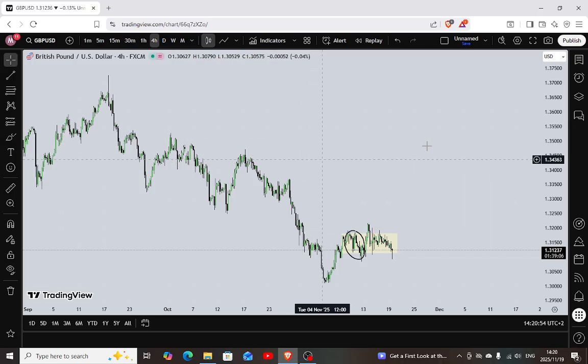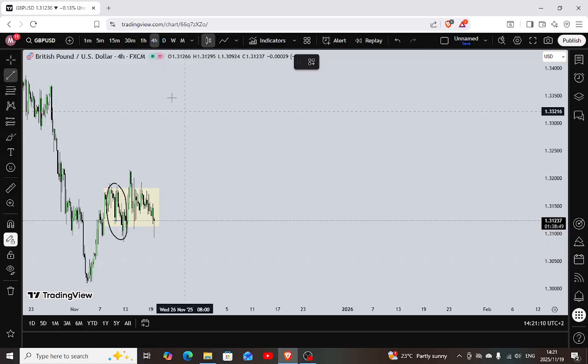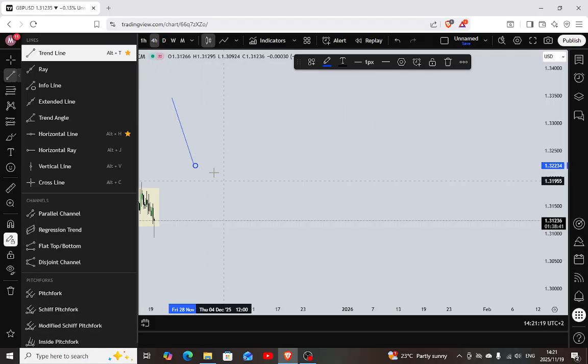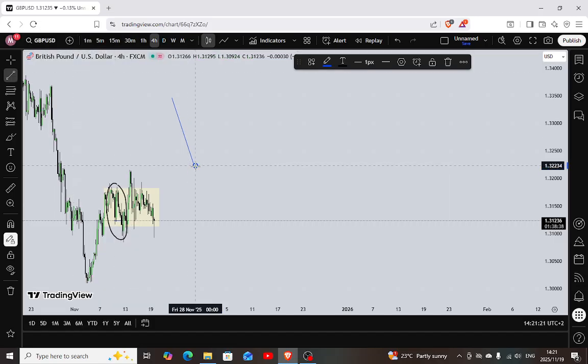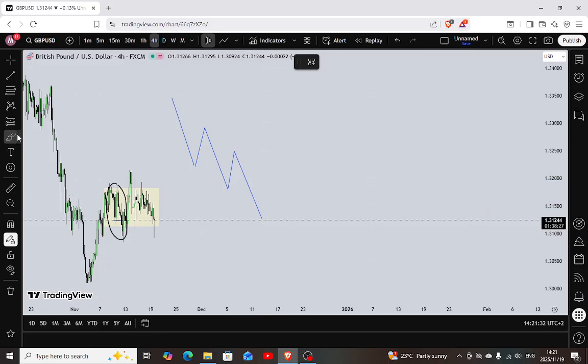I don't think there's much more to explain, but just for recap purposes, these things are really basic. Your downtrend is like this. This is your downtrend, right?